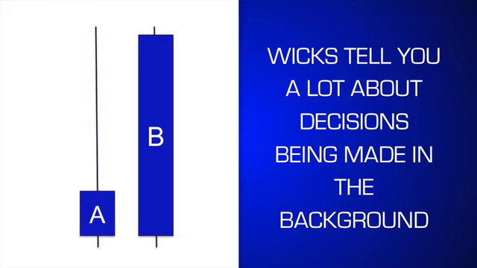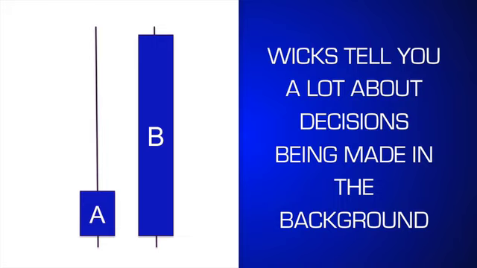If you look in the picture, you'll see where there are wicks. You see in that little purple region right there where there's lots of wicks in that area, and then all of a sudden the market turned around and went down. That's an example of what I'm talking about. So pay attention to those wicks. They tell you a lot. They tell you that the market may not be trying to move in that direction.